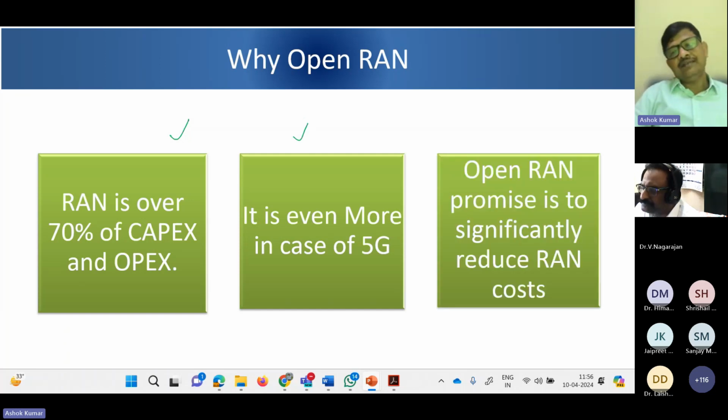And finally, the promise of Open RAN is reduction of the cost, as there is a possibility to develop a bigger ecosystem of OEMs, manufacturers, developers. So Open RAN may bring lower cost for operators. So that's why everyone is talking about it.